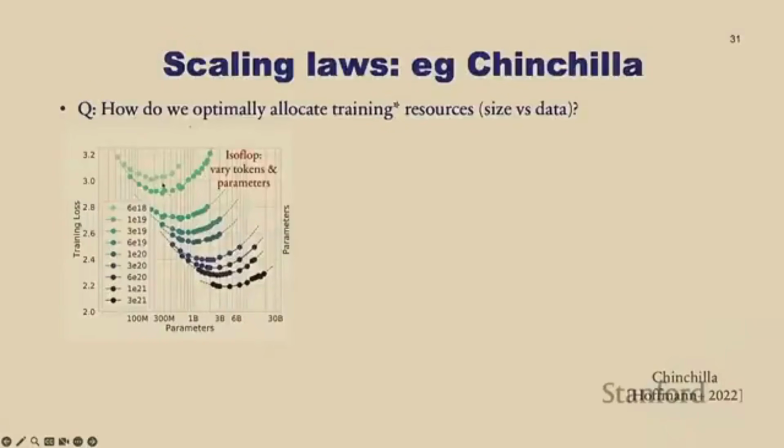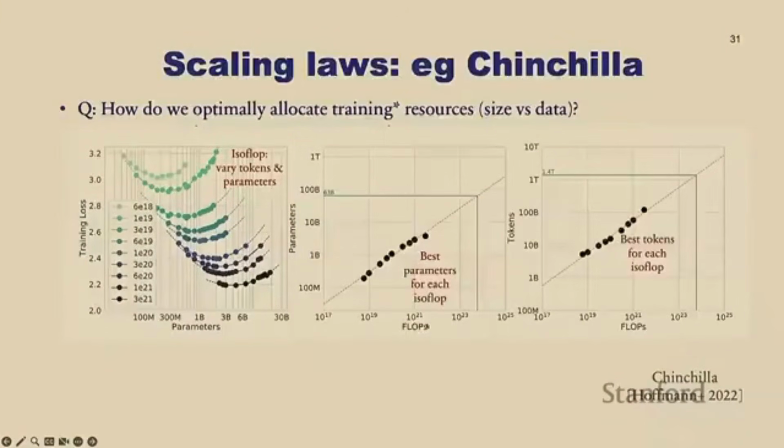Then you take the best one for each of those curves. Once you have the best one for each curve, you can plot how many FLOPs it was, which curve you were on, and how many parameters you actually used for training that specific point. You put that on the log scale again, and now you fit a scaling law again.